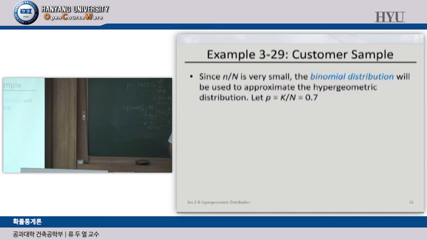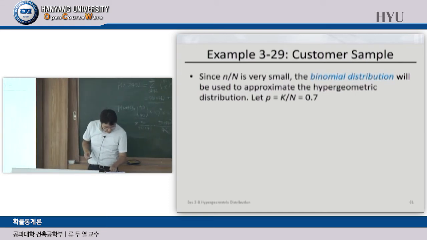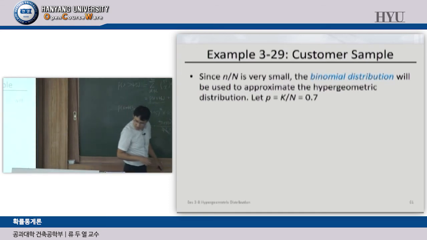So this will be 50 multiplied by 49 multiplied by 2 multiplied by 47. That is equal to 230,300.